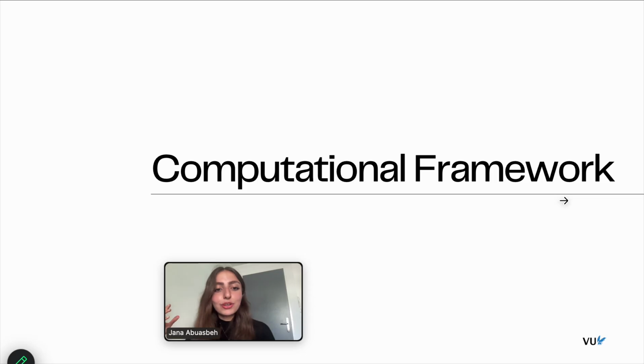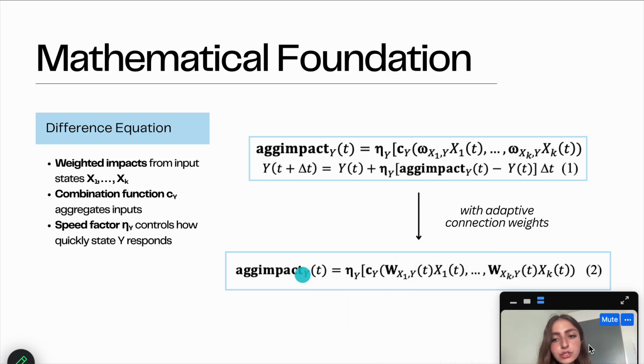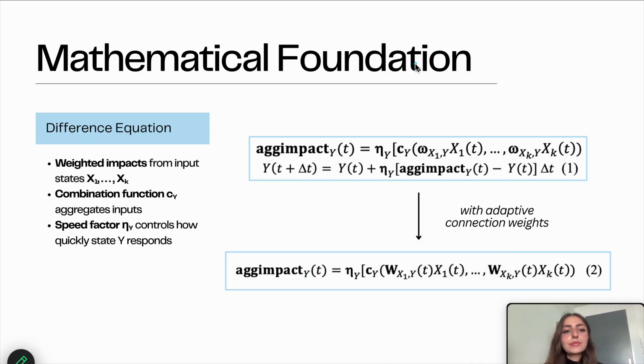Now that we've explained the model conceptually, we can talk about the computational foundation that makes the modeling possible. Every state Y evolves according to this difference equation, where it changes based on the weighted impacts from input states X1 through Xk.